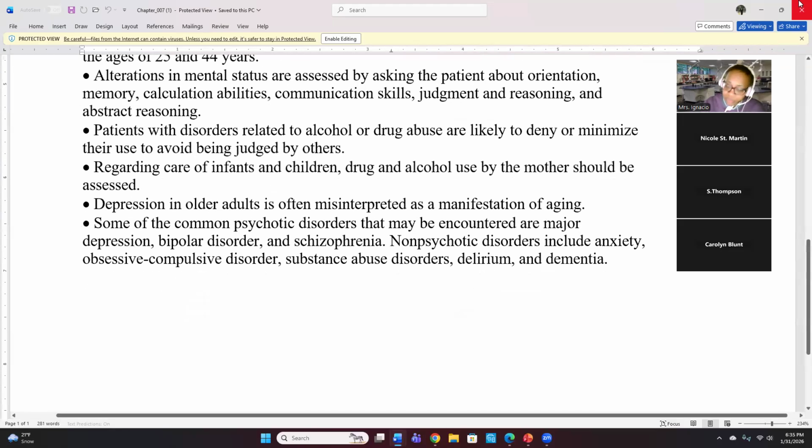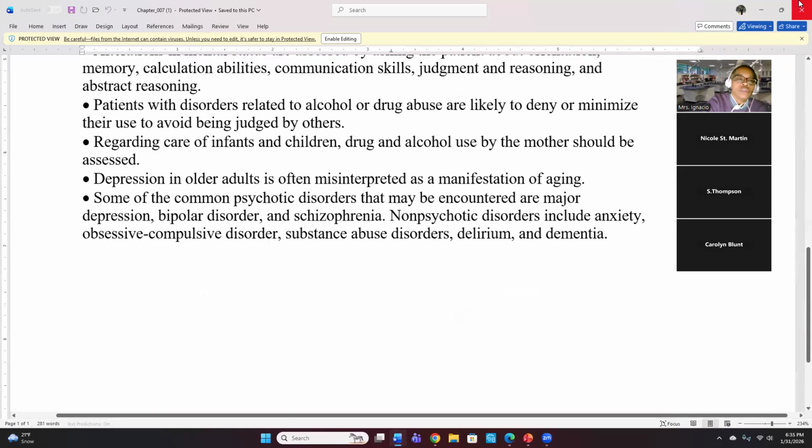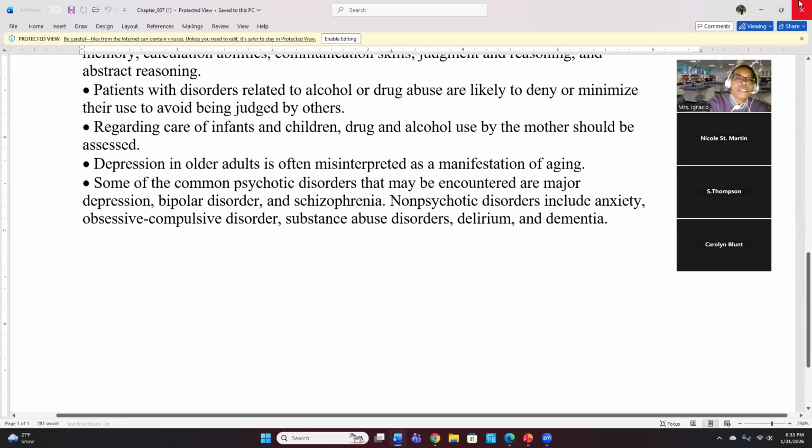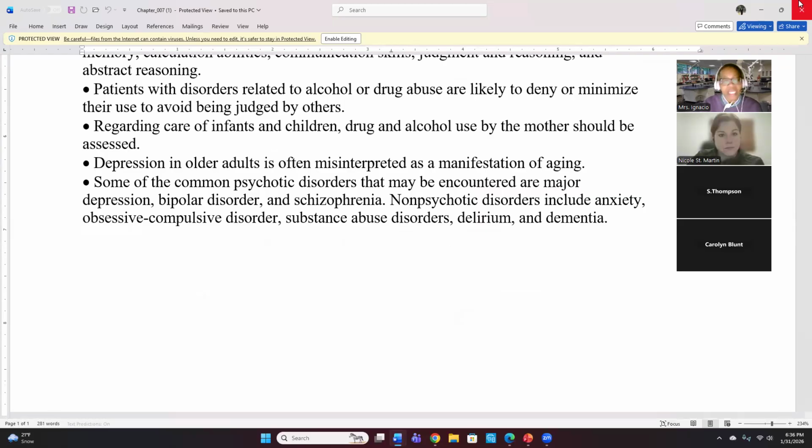The other thing with the depressed patient, you have to look out for the high risk of suicide. So, mental health disorders, drug use, alcohol abuse, we have to look at that. In the care of infants and children, drug and alcohol use by the mother should be assessed. And last night we talked about how, as nurses, we are mandatory reporters of child abuse and elder abuse.